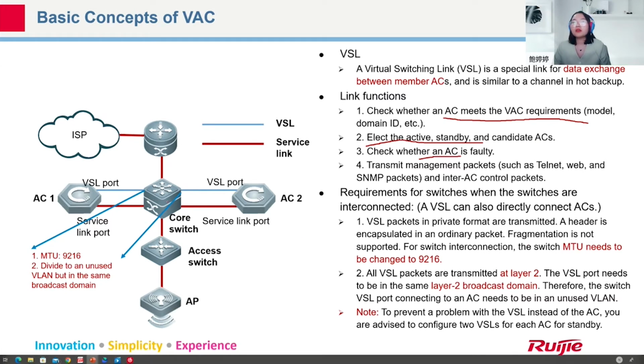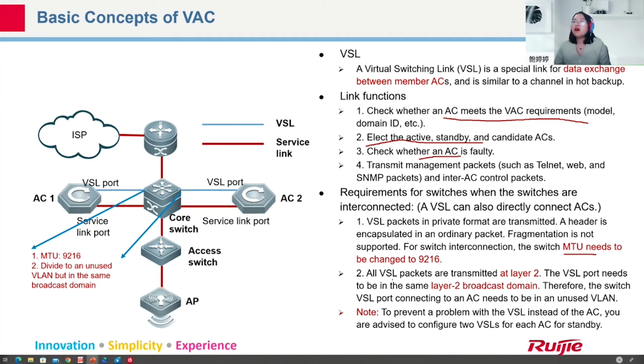That means on the switch you have to change the MTU value, the maximum transmission unit, to 9216. Because by default the value is 1500, and if I receive a big message, I will fragment it into several pieces. But this message cannot be fragmented, so you have to change the MTU value to 9216.